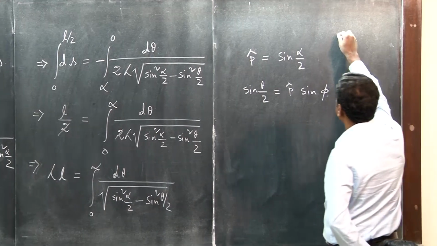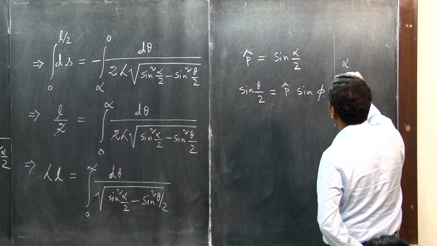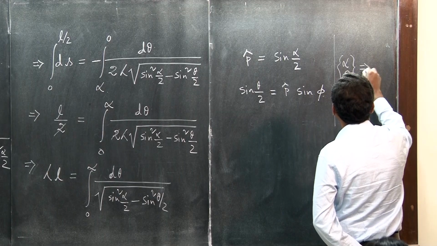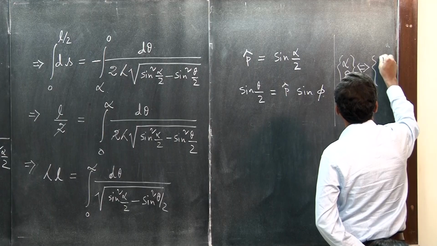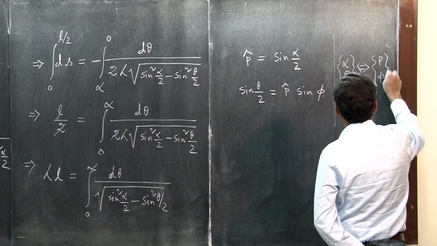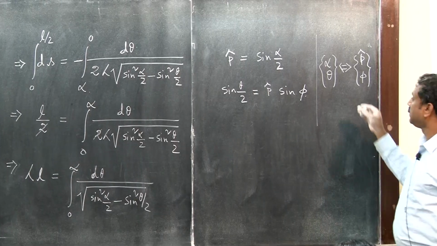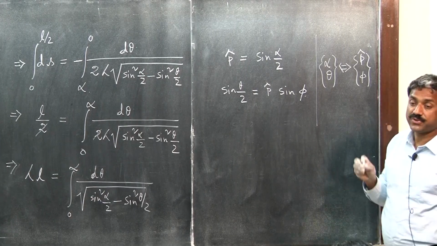So essentially, from alpha and theta, we are transforming to p and phi. Why so? Because you will see that if you do this substitution, it will lead to a standard integral.